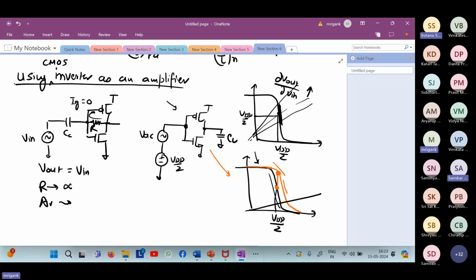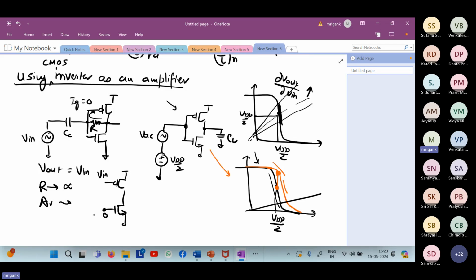For the small signal gain, you use superposition. You just assume two different devices, NMOS and PMOS. In the first case, you apply V in at the gate of the PMOS, and assume that the gate of the NMOS is at the DC voltage, so from the AC point of view it will be 0.